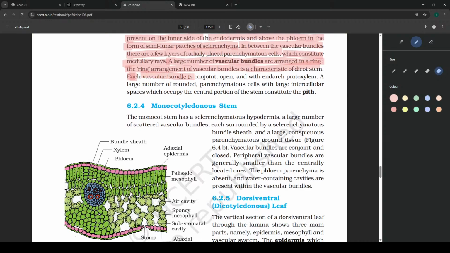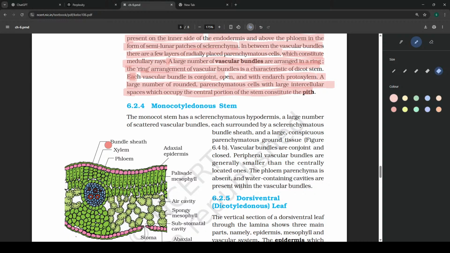Each vascular bundle is conjoint, open, with endarch protoxylem. A large number of round parenchymatous cells with large intercellular spaces, which occupy the central portion of the stem, constitute the pith.